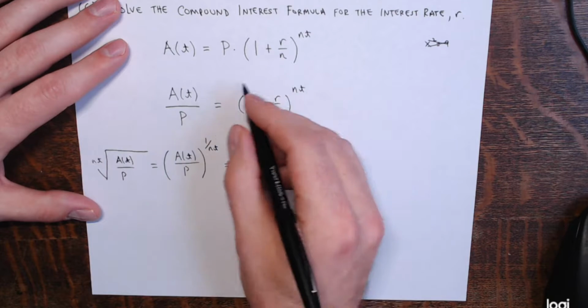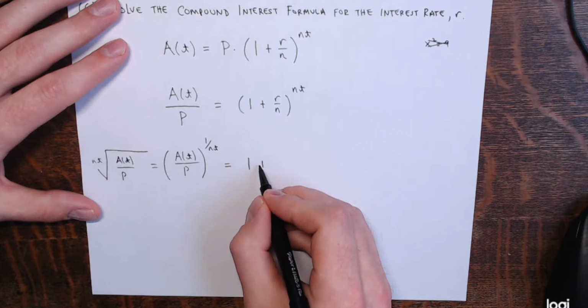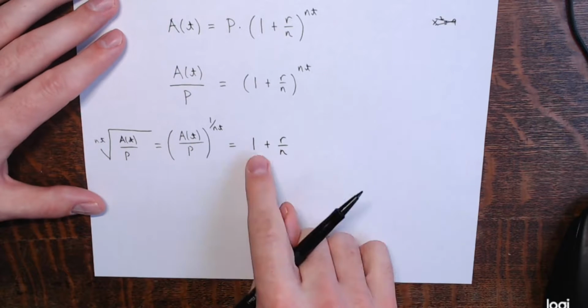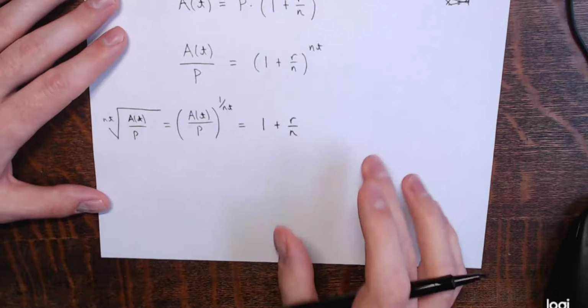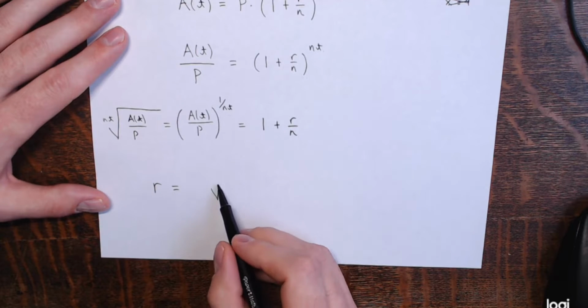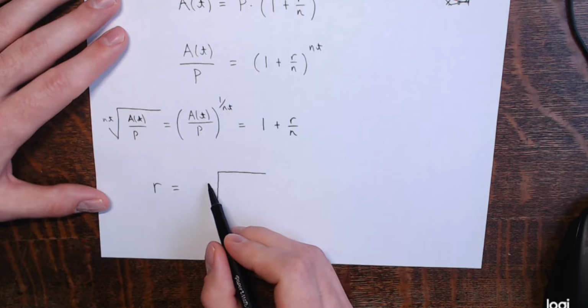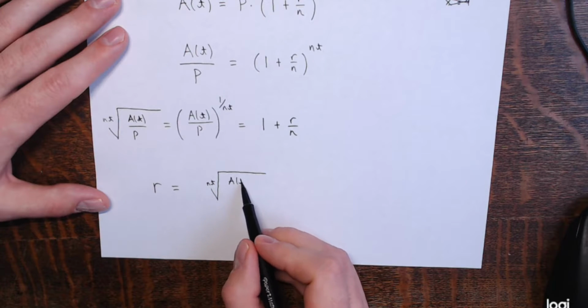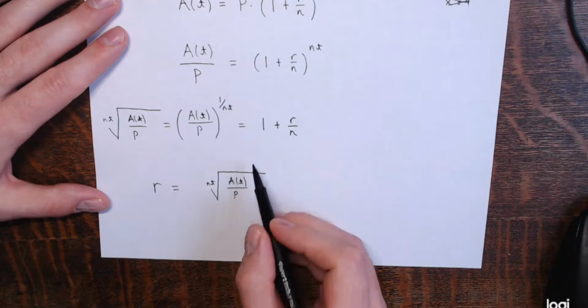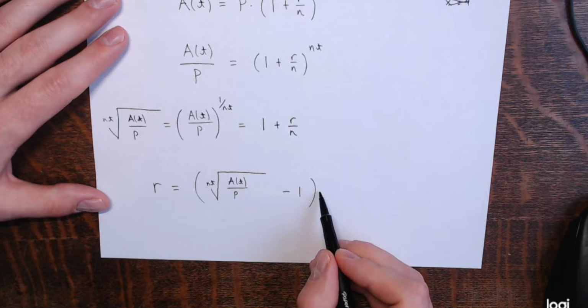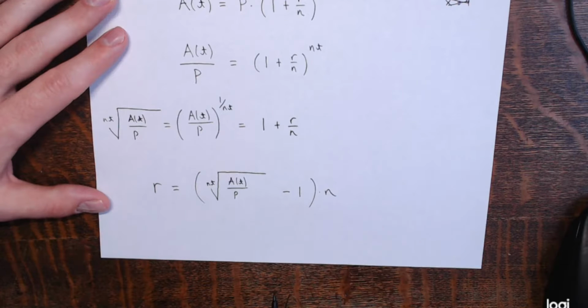Equals, and now that power's gone, you have 1 plus r over n. And then I would just subtract 1 and then multiply both sides by n. So we'd end up with this: r equals the n times t root of A of t divided by P, and then we subtracted 1 from this and multiplied all this by n to get r alone.